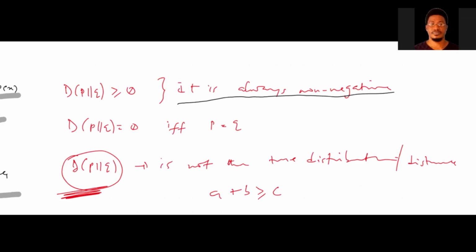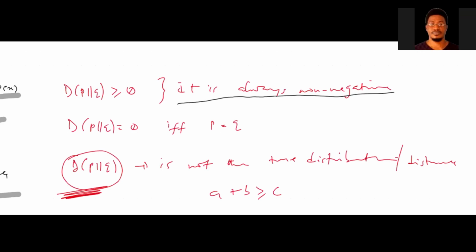It can be less than 0. And it is equal to 0 if and only if the two distributions are equal. Okay?